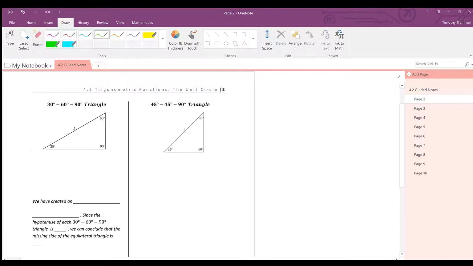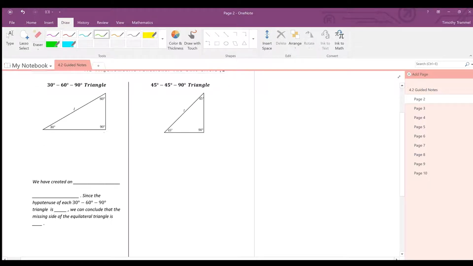You might want to pause the video for a second and see if you can figure out these sides without using, of course, sine or cosine or tangent. All right, here's the trick. I'm going to sketch this exact same triangle, but reflected vertically. It's going to be attached to this one.